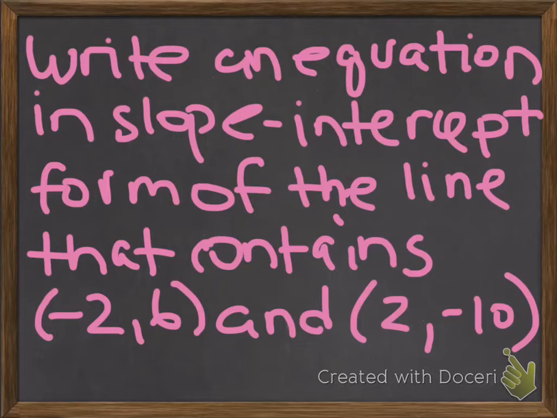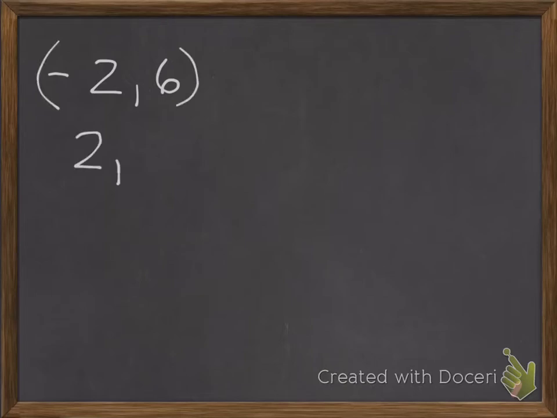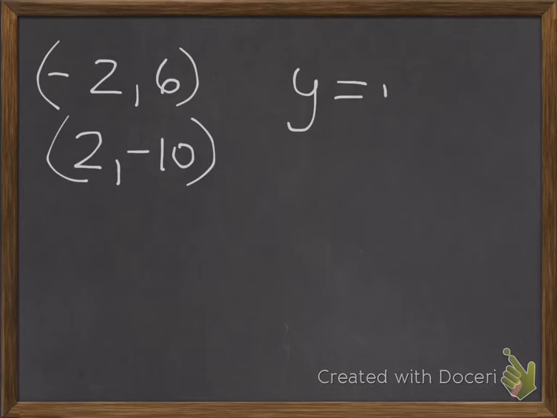Next, again, we're writing an equation in slope-intercept form. So this time they give us 2 points, negative 2, 6, and 2, negative 10. And we need to write an equation in slope-intercept form. But they don't give us the slope this time, so we need to find the slope first, if that's the case.